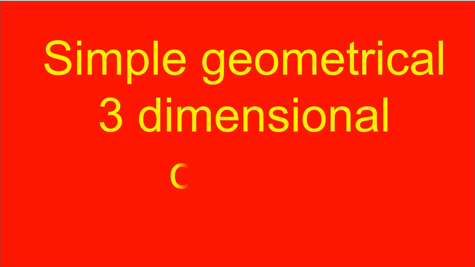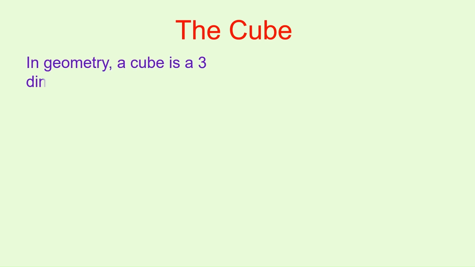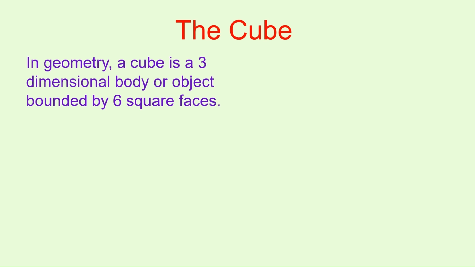We study now some of the simple geometrical three-dimensional objects. The cube. In geometry, a cube is a three-dimensional body or object bounded by 6 square faces.